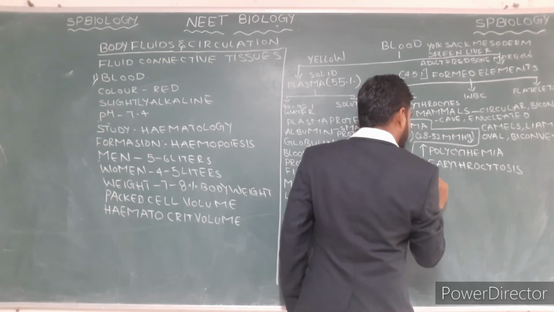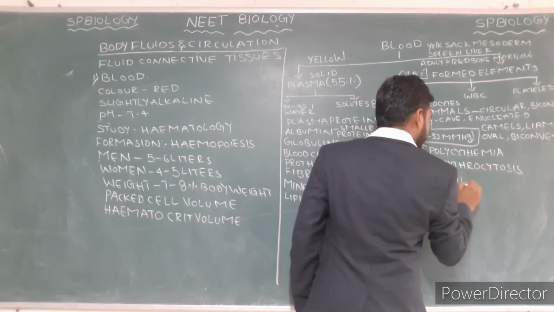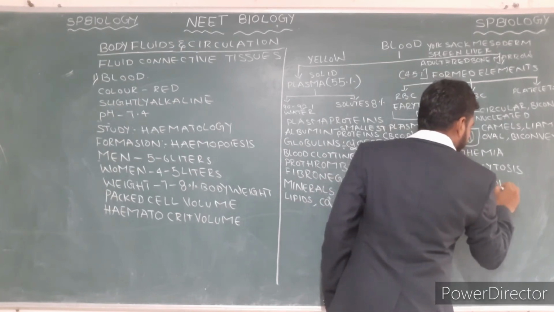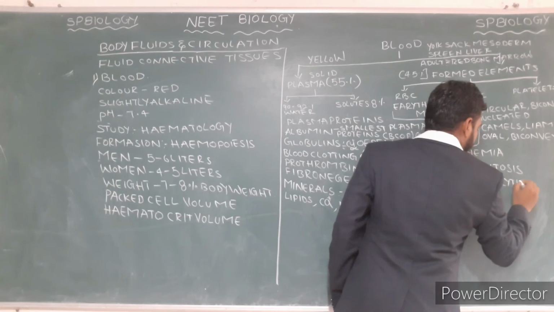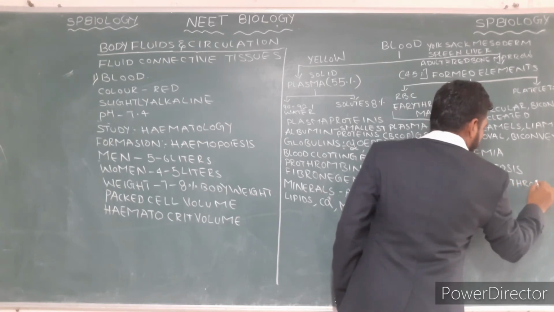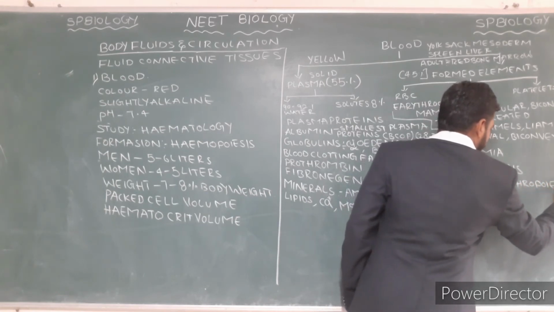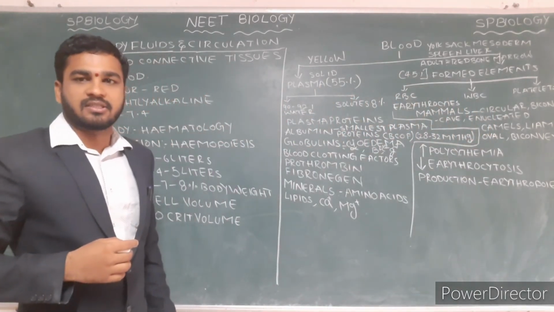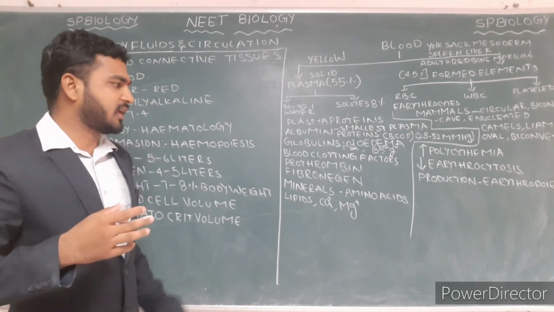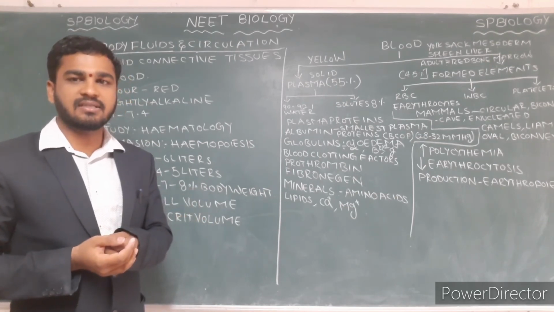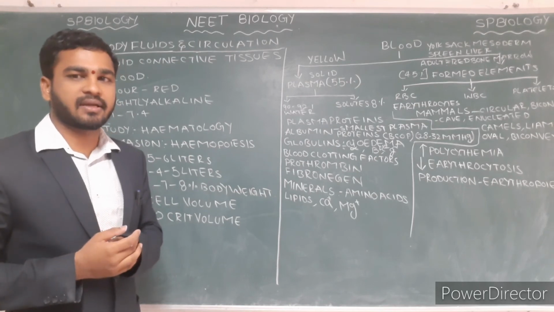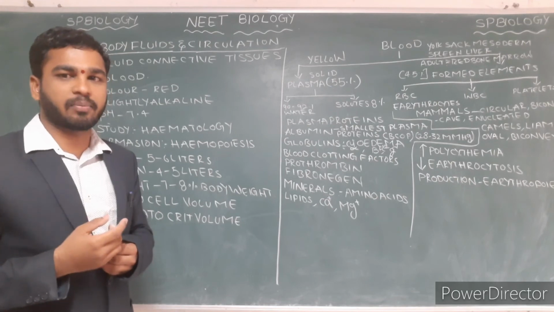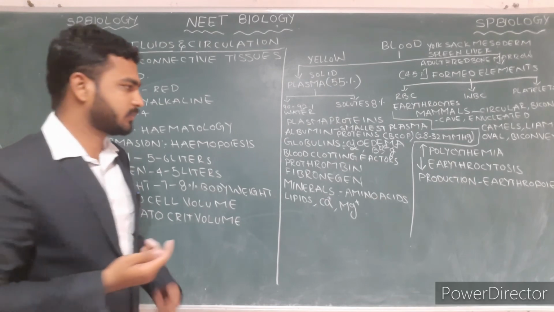Production of RBC is known as erythropoiesis. If the number of red blood cells is less, erythropoietin stimulates the kidney for the production of more RBC.